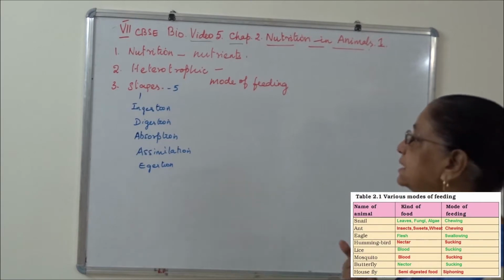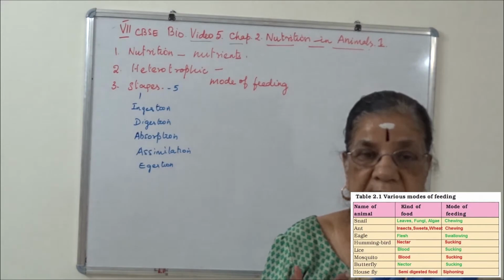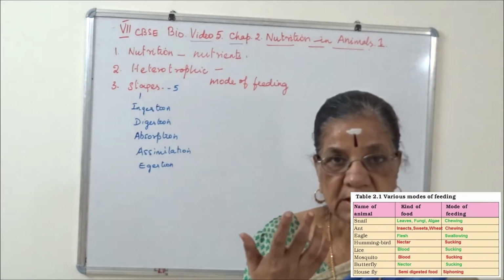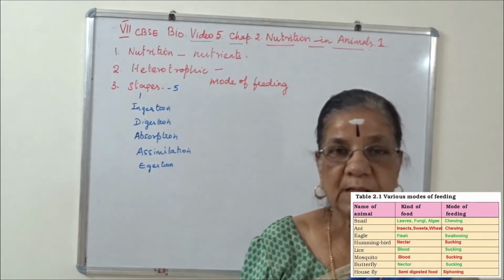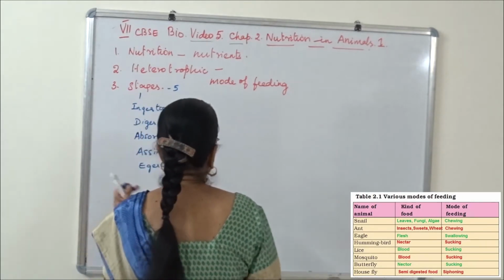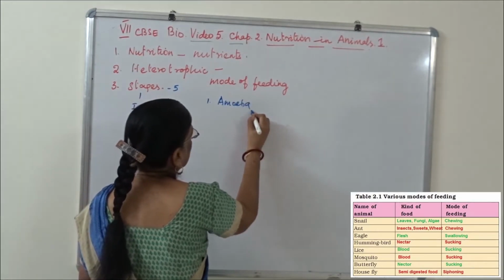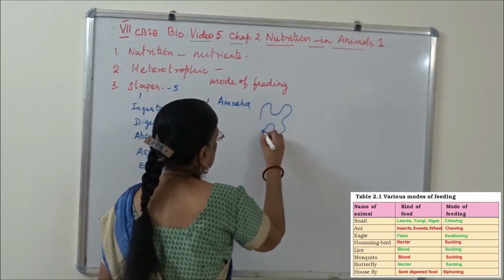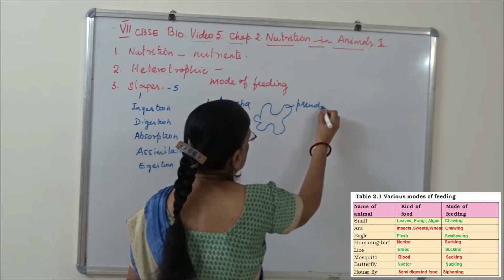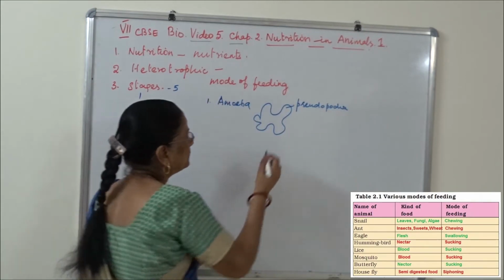Now in ingestion, different animals take food in different ways. For example, amoeba takes food with the help of pseudopodia.